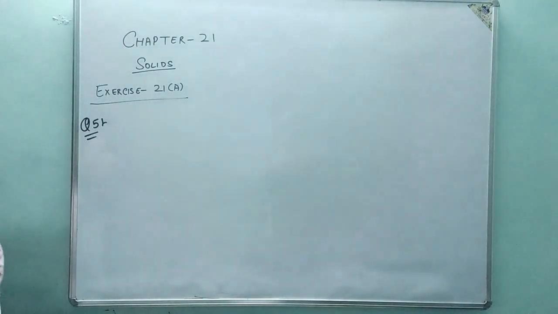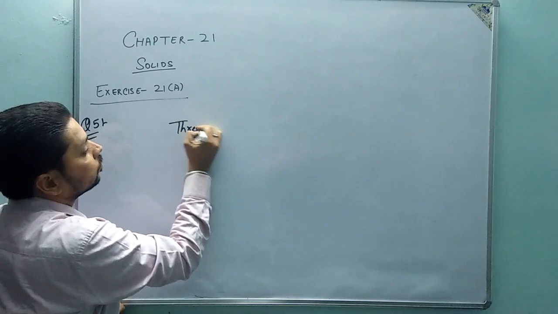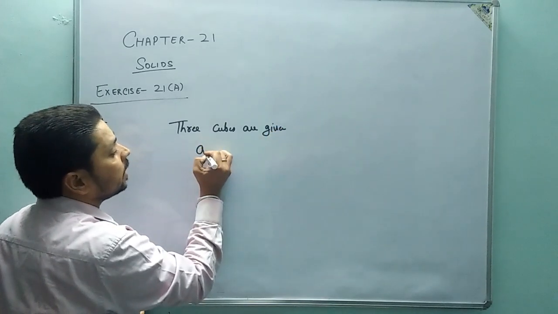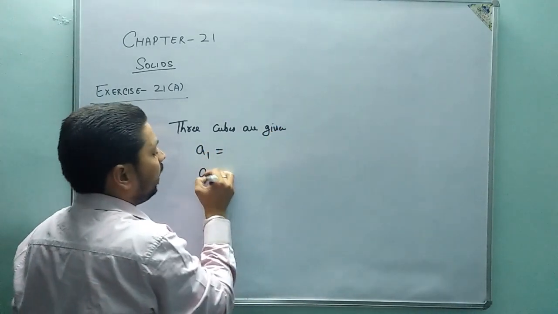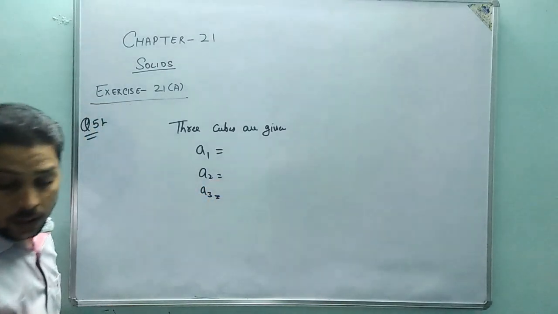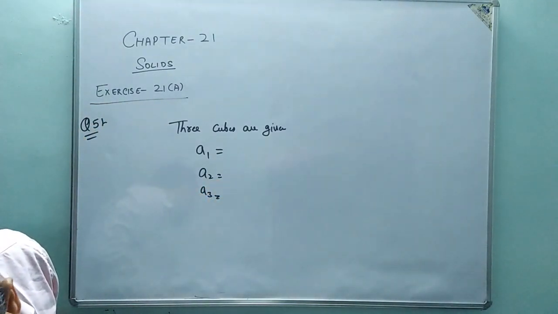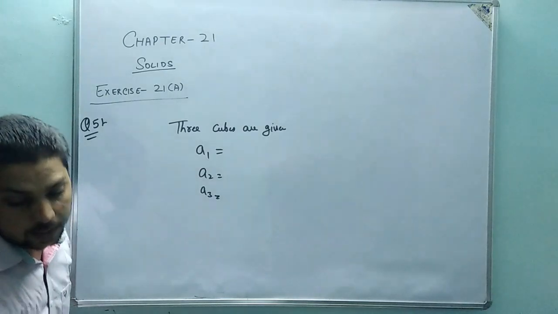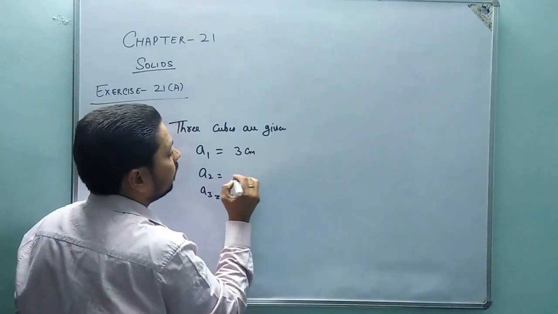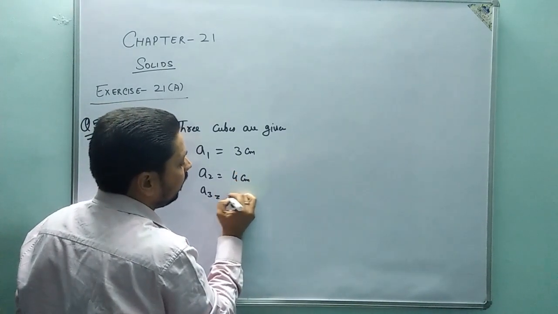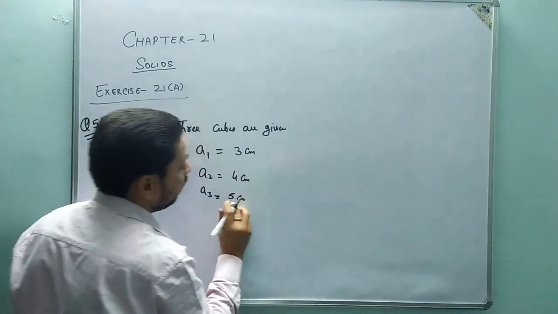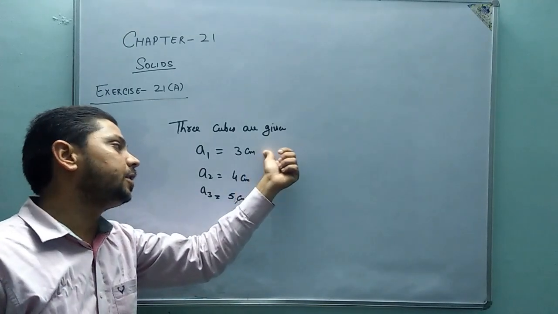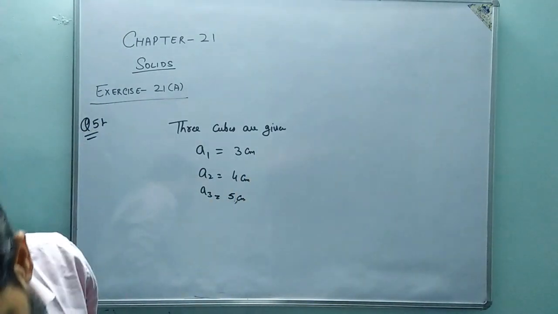We are given 3 cubes whose edges, let us take them as A1, A2 and A3, are 3 centimeter, 4 centimeter and 5 centimeter.